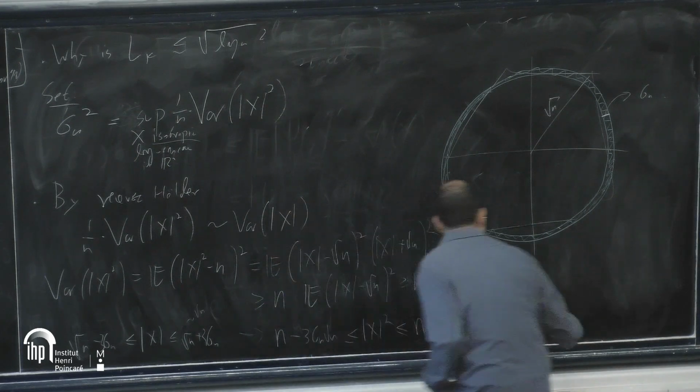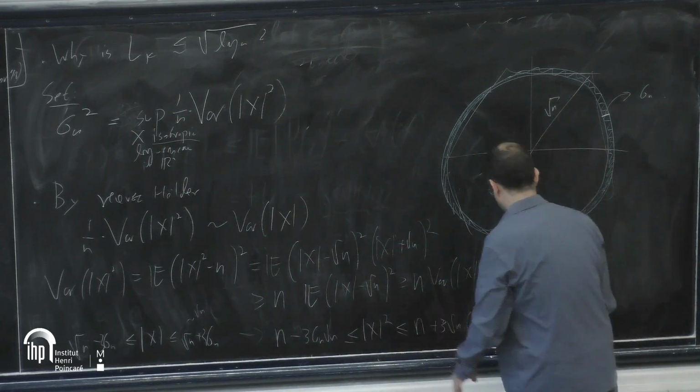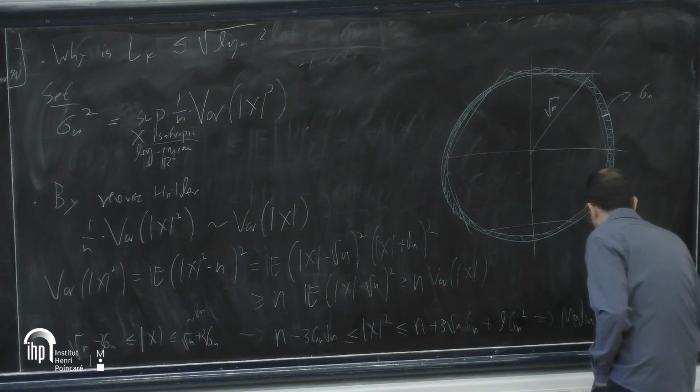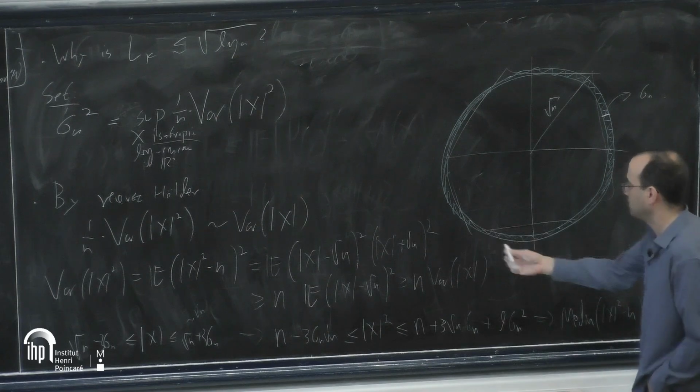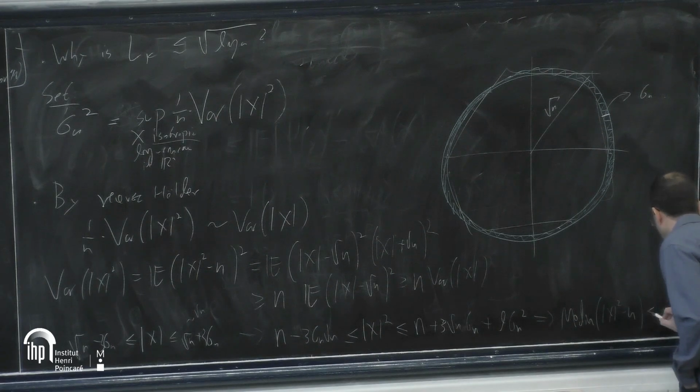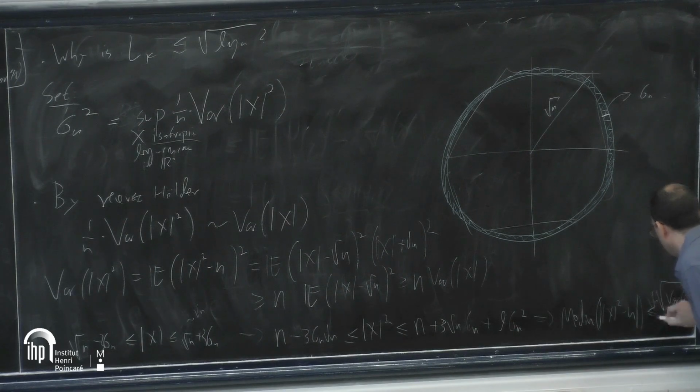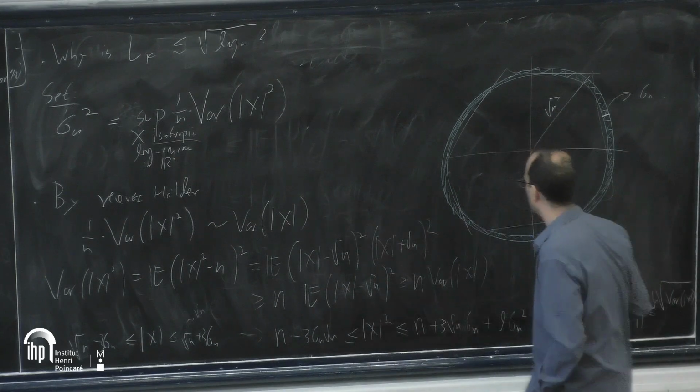So this implies that the median of |X|^2 minus n is smaller than root of the variance of |X| times root n. And this shows that these two things are equivalent.